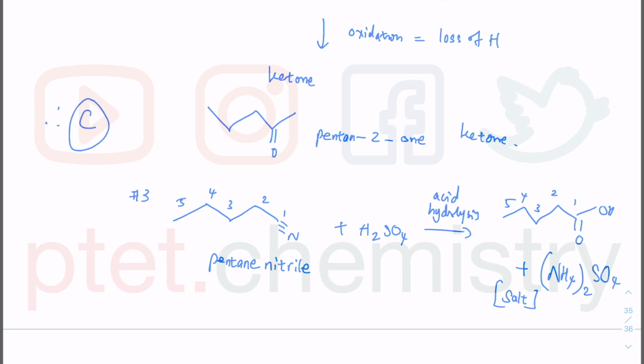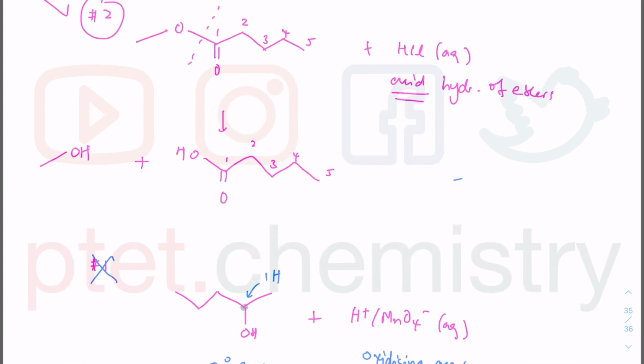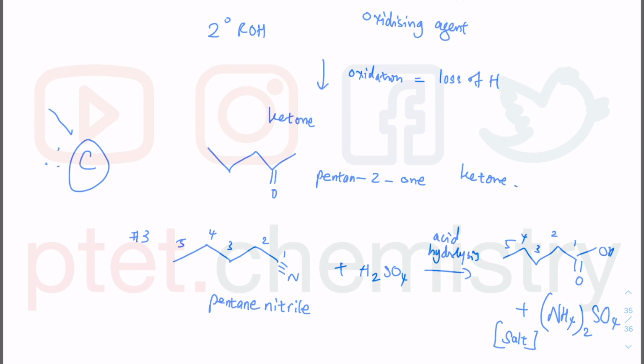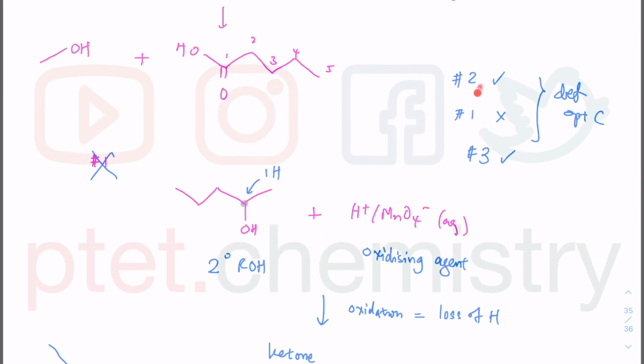So you do get a 5 carbon acid. So we already said that the only correct answer where 2 is correct, 1 is wrong is definitely option C. But of course we also check option 3 just because I'm doing a tutorial and I'm not doing an exam. If you're doing an exam, you will have gotten C just by looking at 2 first, and then 1 is wrong, so you have gotten this answer without even checking this one.